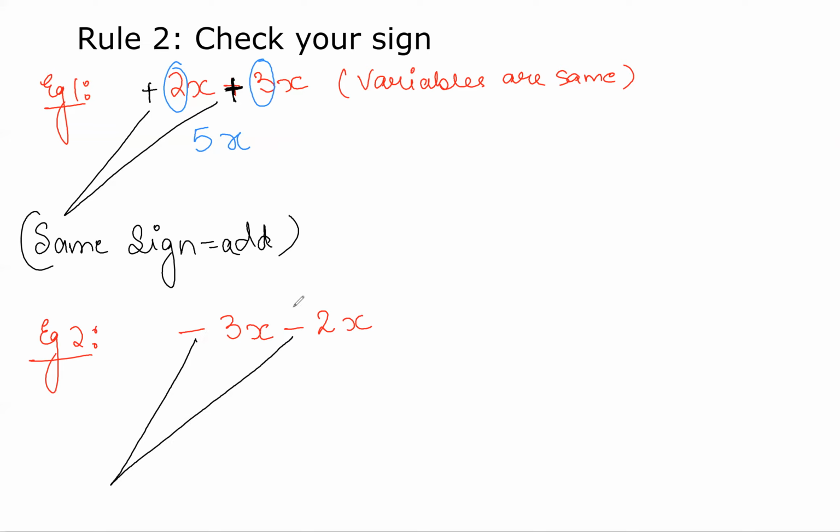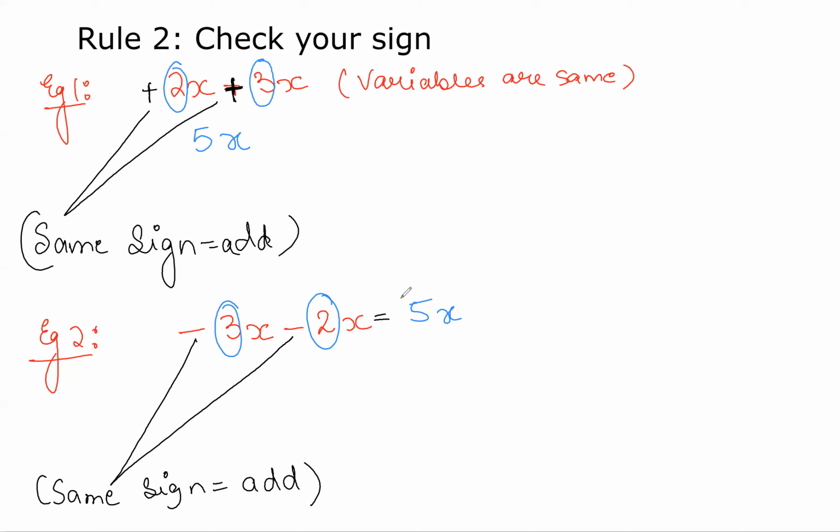Both numbers have a negative sign before them. So for the same sign, I'm supposed to add. Adding 3 and 2 gives me 5. The common variable is x, so I write x attached to it. Don't forget the equal to sign.